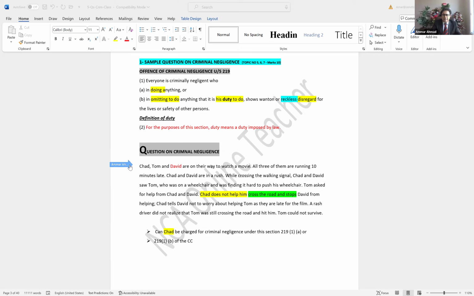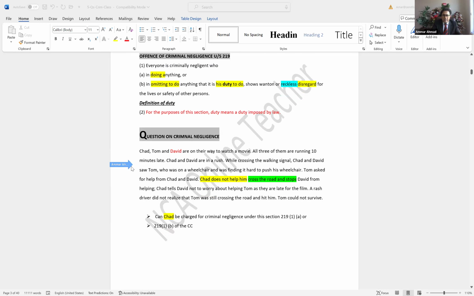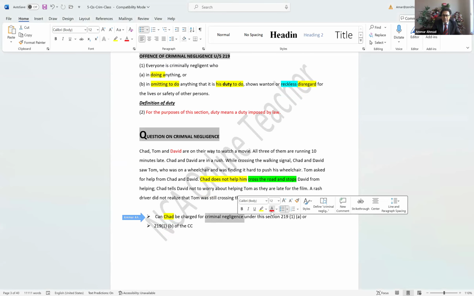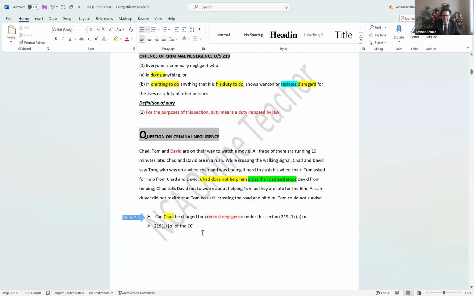Now, when you apply what we have read in our brief notes, the act should be committed under the same circumstances or conditions as mentioned in the offense. So in this fact pattern question, the question is asking: can Chad be charged for criminal negligence? If you remember the facts, Chad does not help Tom in crossing the road, and Tom was asking for help.